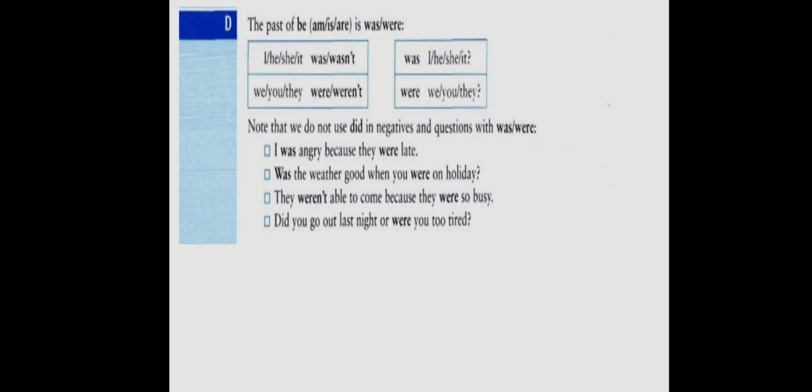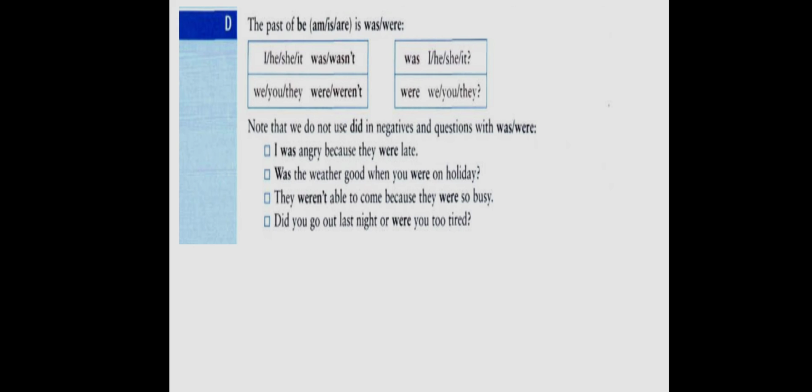But if the verb in the sentence is an auxiliary verb like was, were, the past of am, is, are, we can't use do, does, did.